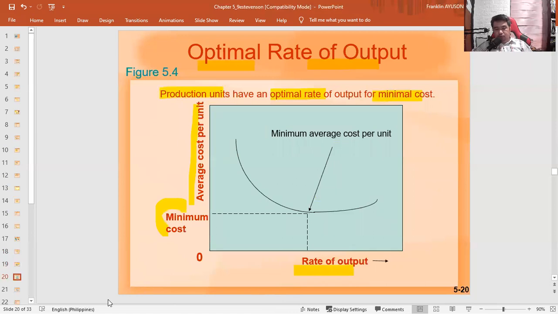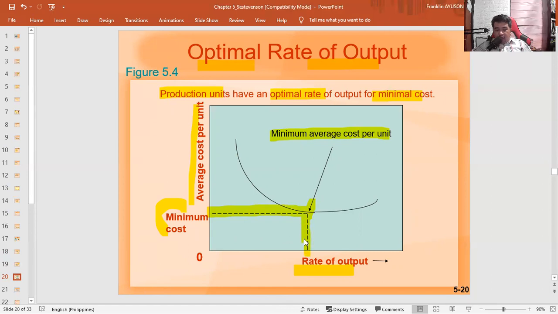So meaning to say, in that consideration, we want to identify the minimum average cost per unit. Ito po yun. Wherein we are achieving the lowest cost per unit at a certain rate of output.